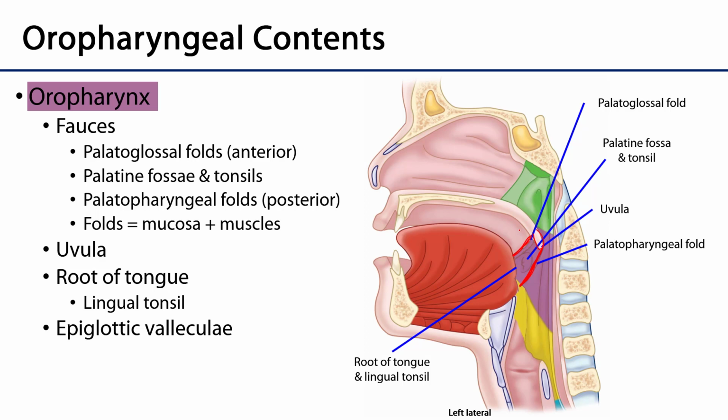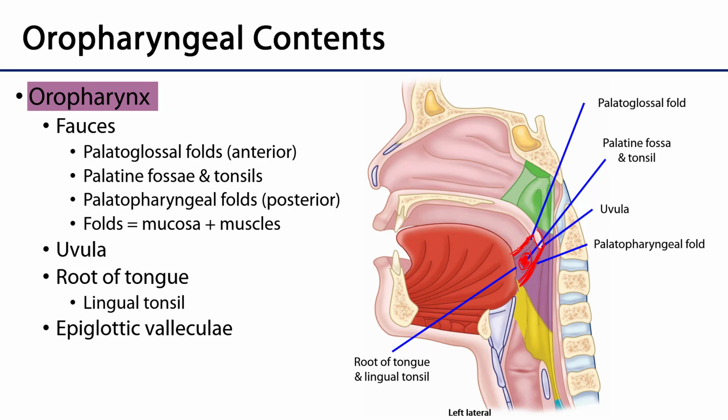The fauces is Latin for throat. And so the fauces here is just this space, and within the fauces is a tiny little depression called the palatine fossa, and it's within this depression that the palatine tonsil can be found.